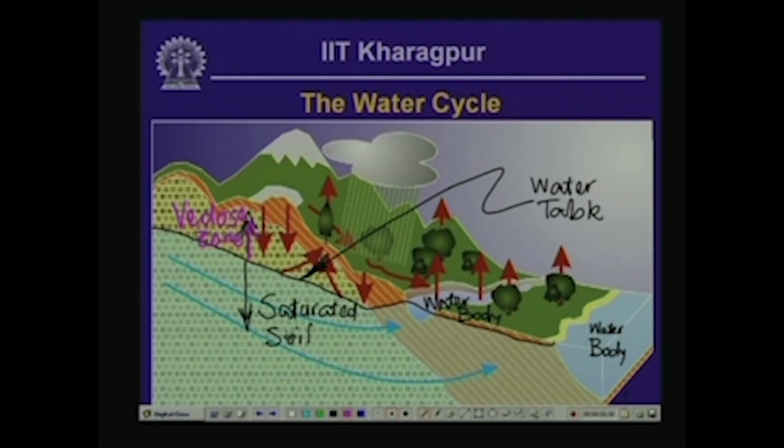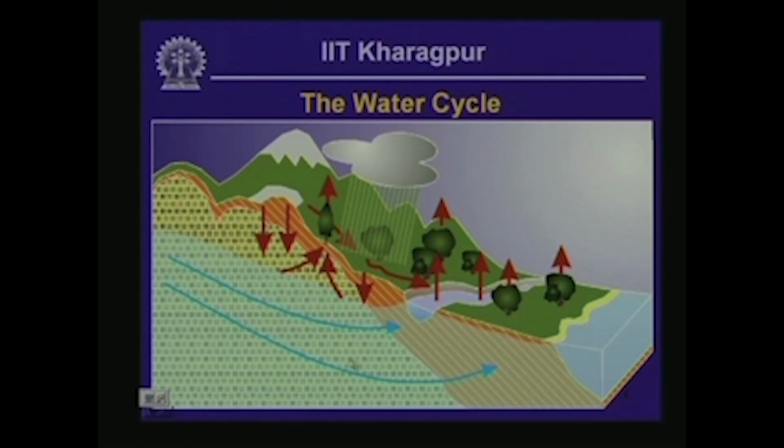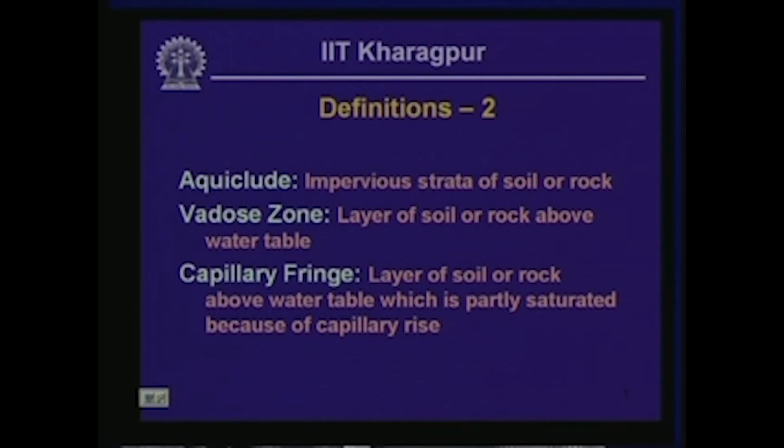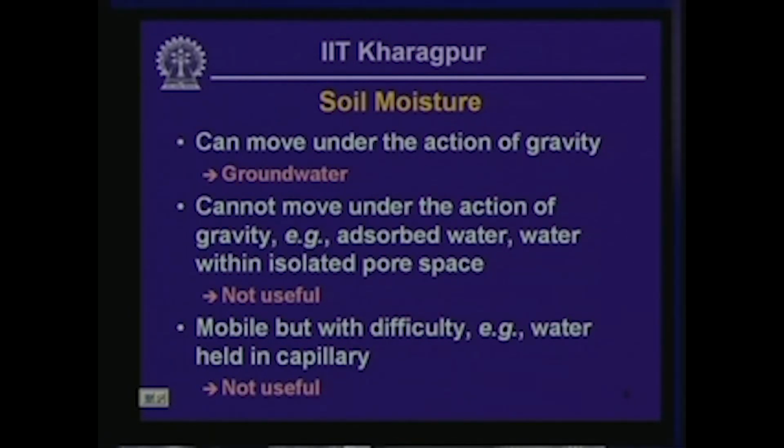A portion of the widow's zone can be partially saturated because of capillary rise, as we have already discussed. Okay, now let's get back to where we were. We covered all the definitions that are required for the preliminary concepts of groundwater hydrogeology. Now, what we have already learned also is what is meant by soil moisture to some extent. In order to formalize the concept, we have got this list.